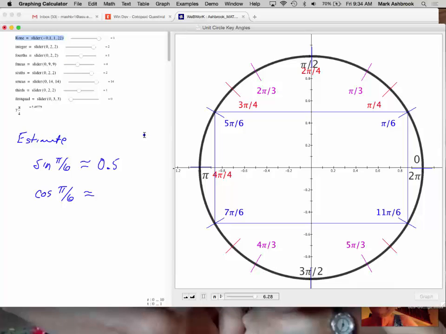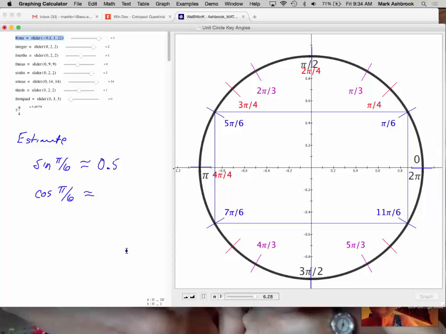Cosine of pi over 6. Jason, what do you estimate the cosine of pi over 6 is? That's what cosine is.